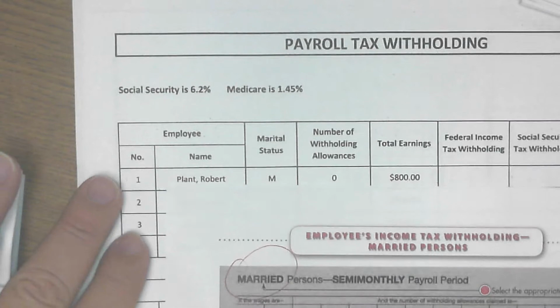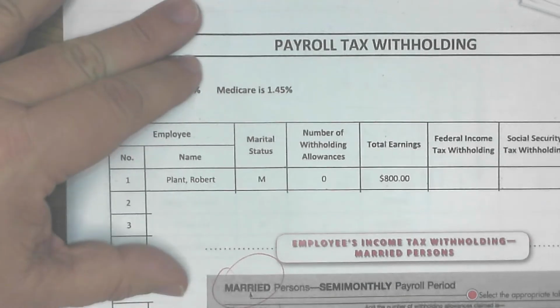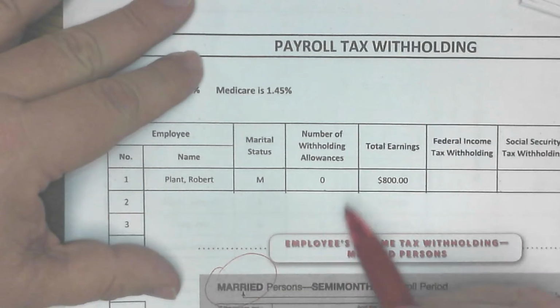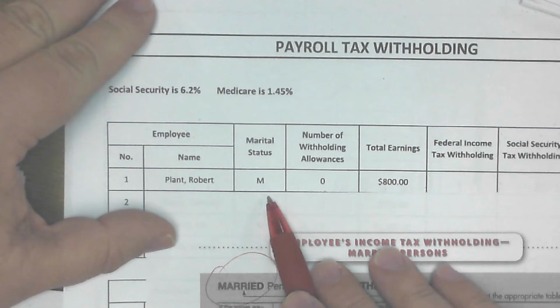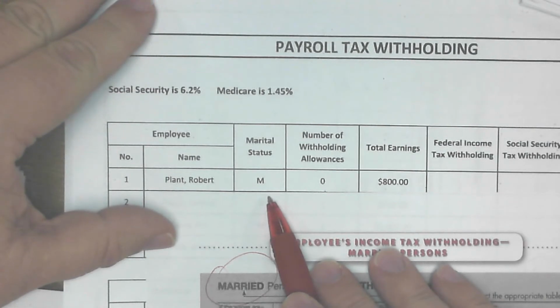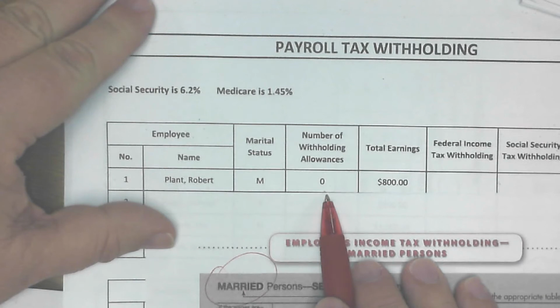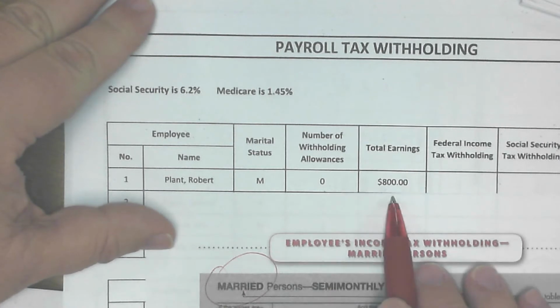So you've got a single and married side. I'm going to start here with Robert Plant. He's married. He has no allowances. His total gross earnings are $800.